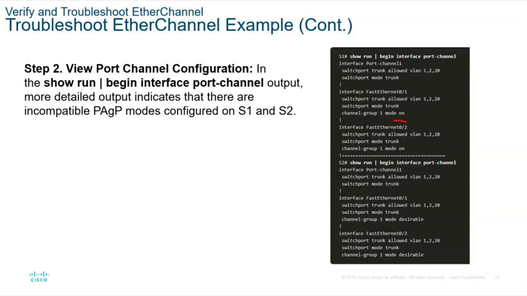But you can have desirable, or on. But most of the time, if you're asked to create an EtherChannel without negotiation, then use on.